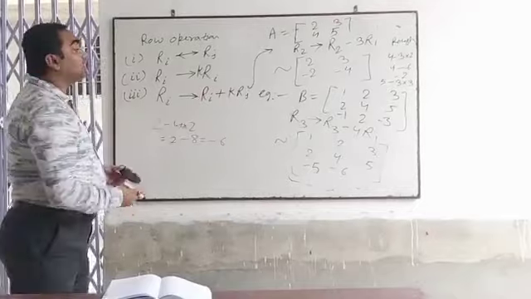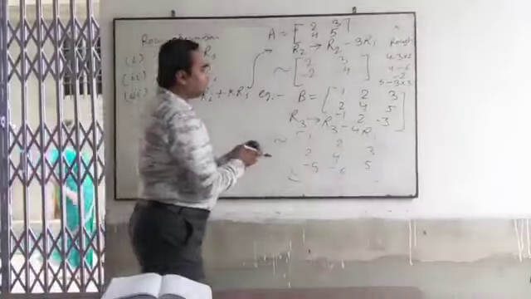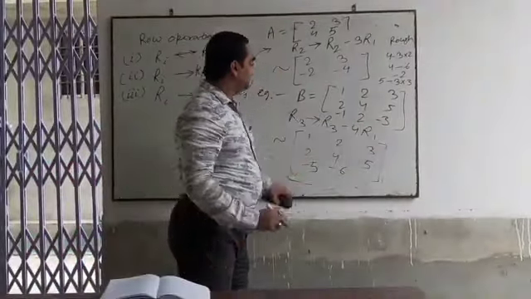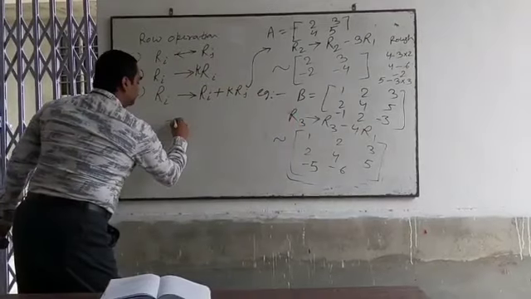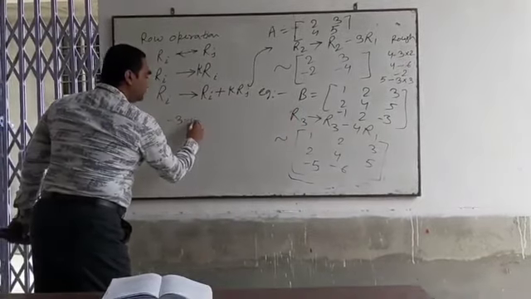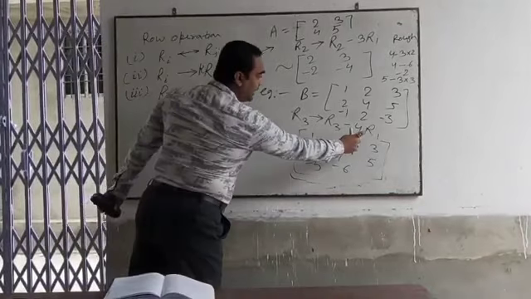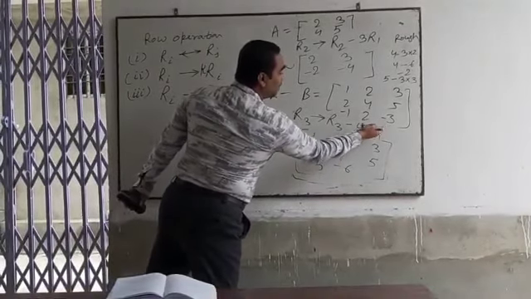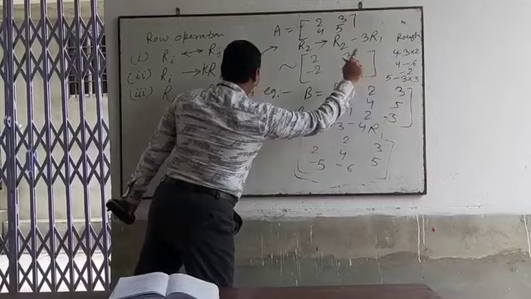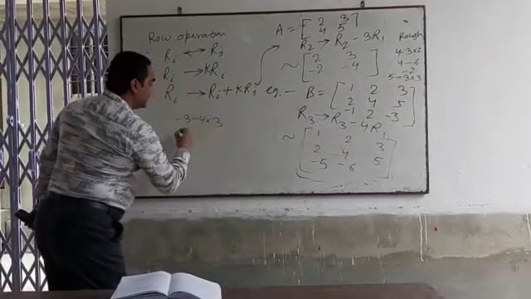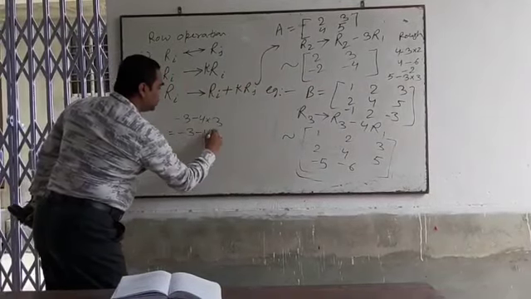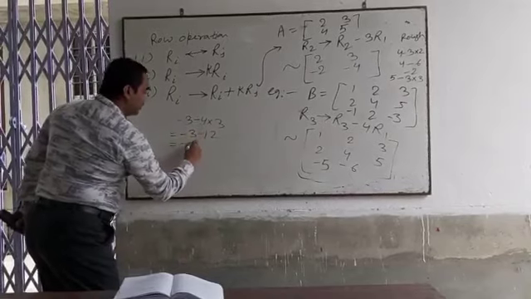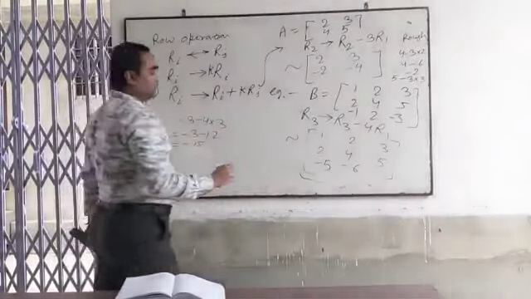Now come to the third portion. What is the third element of R3? It is minus 3. Then again minus 4, then R1. What is the corresponding element of R1 for this minus 3? 3. Then minus 3 minus 12. What is its value? Minus 15.